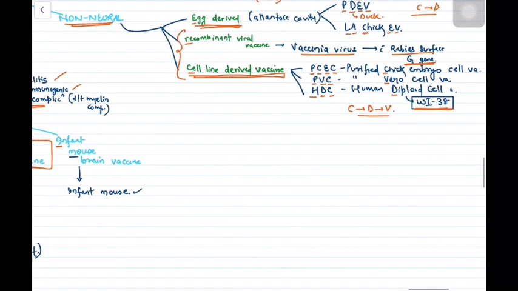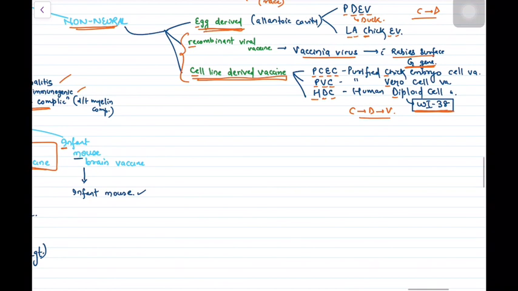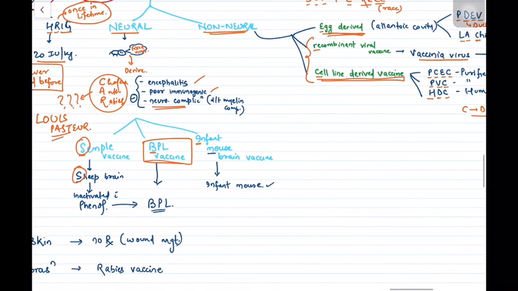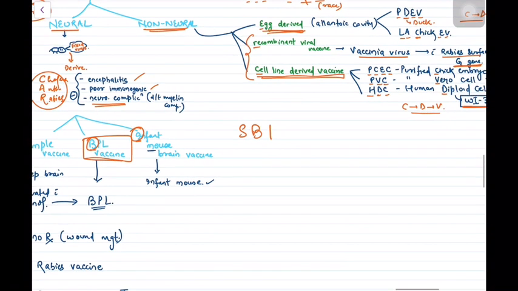Now, having remembered so much, how to actually remember this? So take the first word SBI. So this is your neural vaccine, and the non-neural vaccine E, take the first two letters, so E, then RECE, so SBI E-Race.